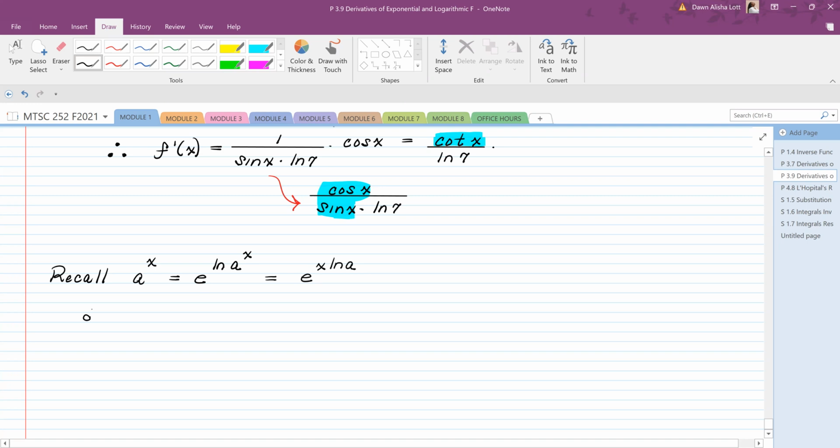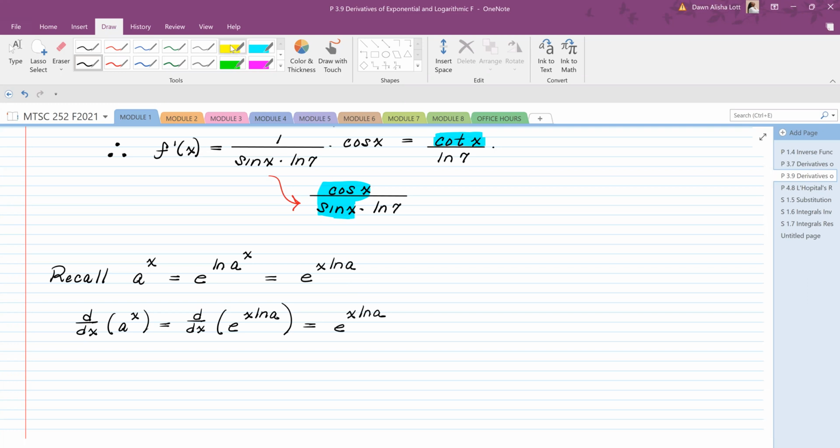Therefore, the derivative with respect to x of a to the x is the same as the derivative of e to the x times the natural log of a. But that's just e to the x natural log of a, but I have to take the derivative of the u, and the derivative of the natural log of a times x is just the natural log of a because it is a constant. But e to the x log a is a to the x.